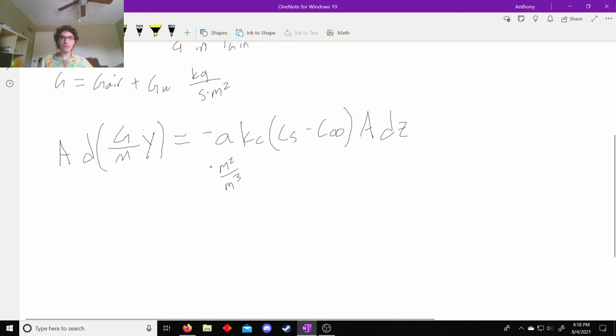Now, a small assumption we want to make here is with this G over M here. We're going to assume that as we move down the column, this gas flow rate divided by the molecular weight is going to be constant.